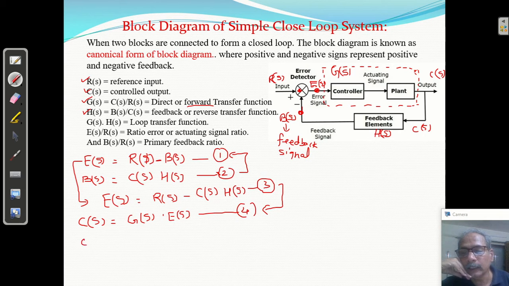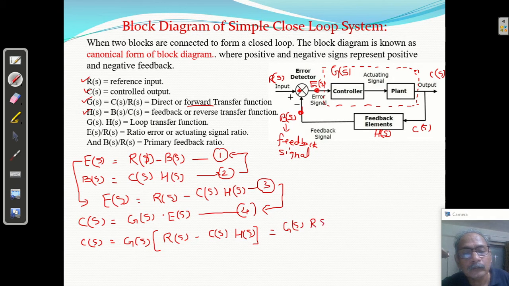We will get C of S equal to G of S into E of S, which is R of S minus C of S H of S, equal to G of S R of S minus G of S C of S H of S.